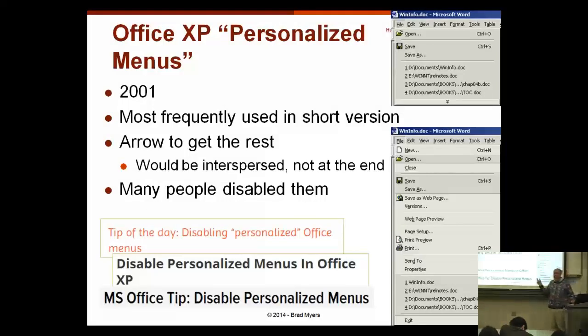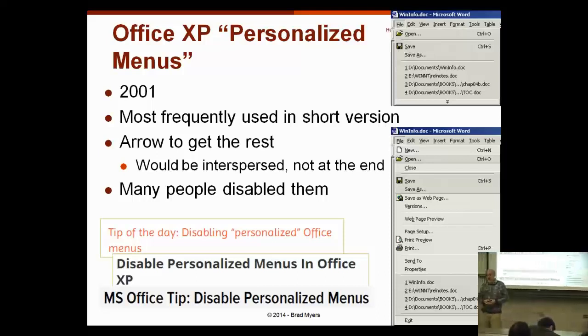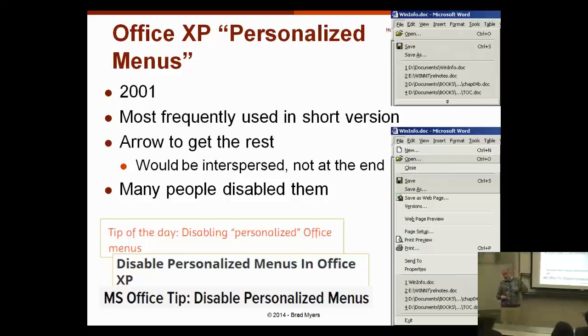How many people used Office XP with these personalized menus? Most of you guys aren't old enough. So before the ribbon, there was something called personalized menus. So Microsoft recognized that they were getting too many items on their menus. And they were trying to think of some way of dealing with that. And the menus sometimes would be almost the whole screen's height, because obviously people had smaller screens in those days as well.